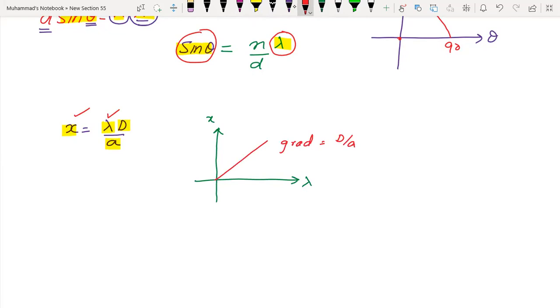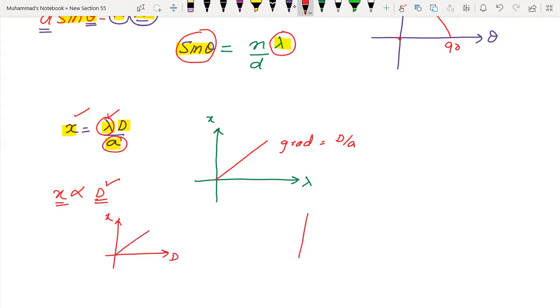And the gradient will be d over a. But x is also proportional to d. If we are changing the distance of the screen from the slits, and we are keeping wavelength and a constant, then the relationship between x versus d will be a straight line.